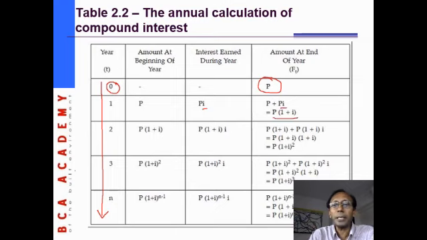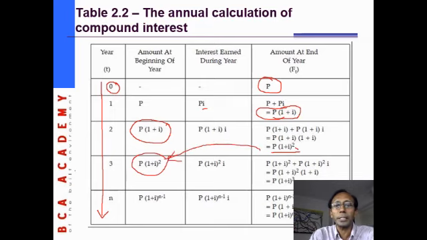But in the second year, your starting principal is this new number, not the original principal. So your starting number is P into 1 plus I. Therefore, at the end of the second year, it becomes P into 1 plus I squared. And then the third year, the starting value is what you have completed with the interest on the second year.